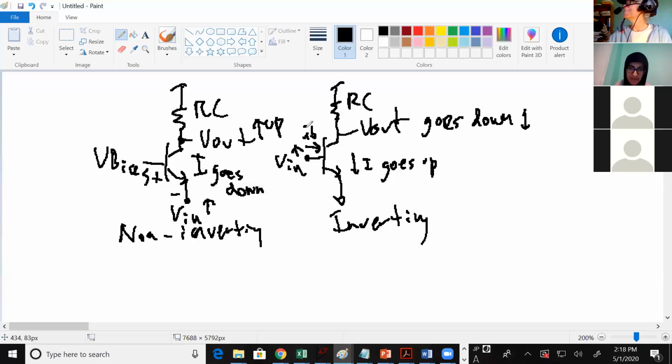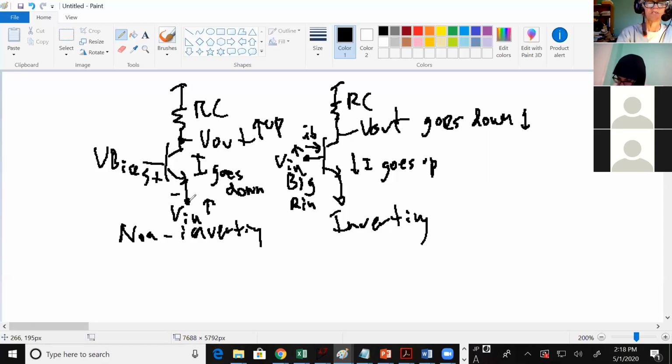It's not IC, that's the trick. This is IB, so whatever IC changes, it gets divided by beta. So this actually doesn't change very much. If you change the voltage and the current doesn't change very much, does that look like a big resistor or a small resistor? Big resistor. So this looks like a big R in, just from looking at it.